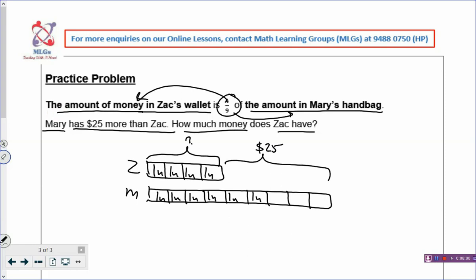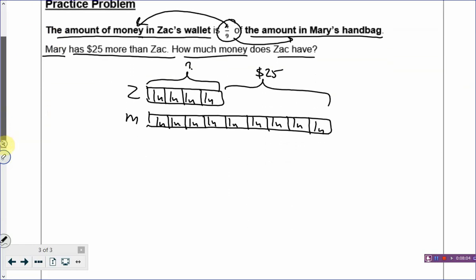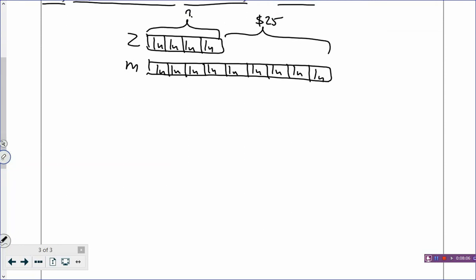And then you can look at the model and study the model and see how to write your unit statements. Alright, if you look at the model carefully, you can see that Mary has how many units more? Mary has 9 units, Zach has 4 units, so Mary has 5 units more than Zach.